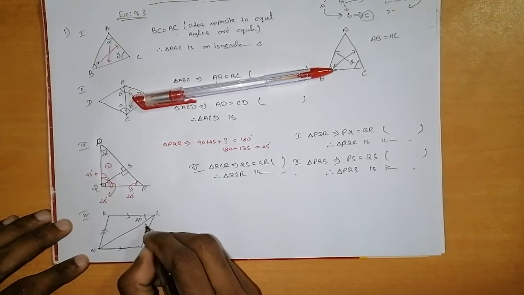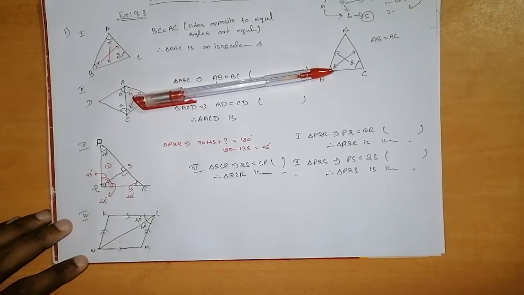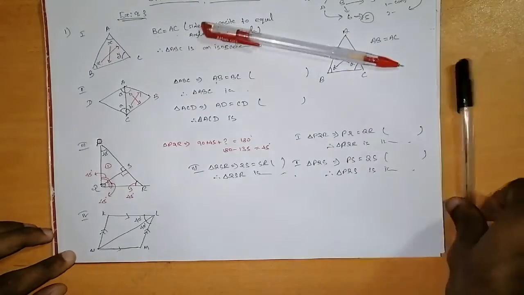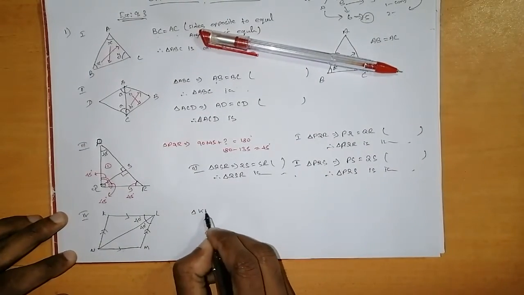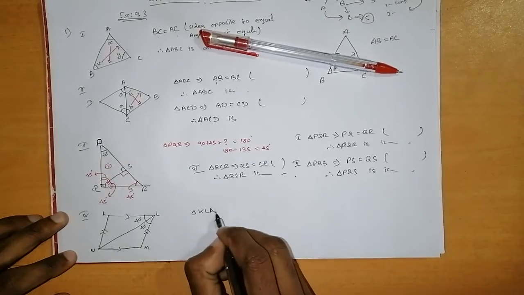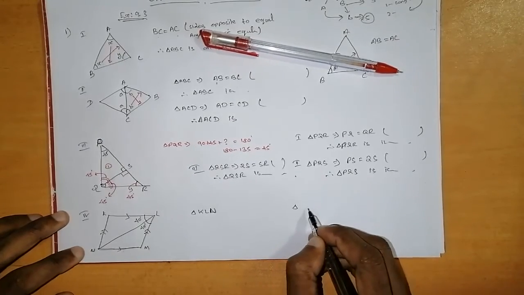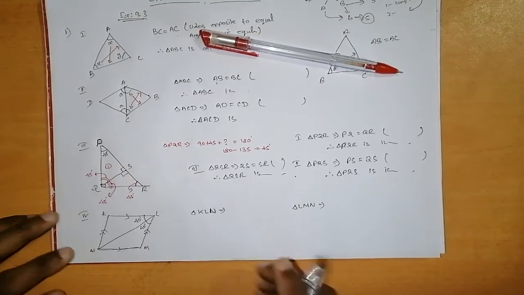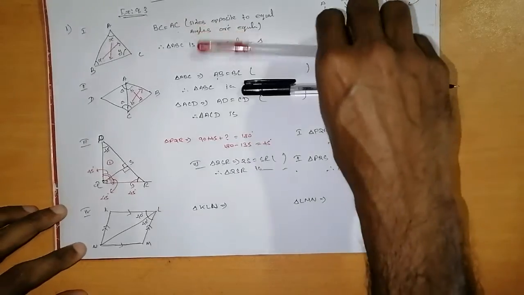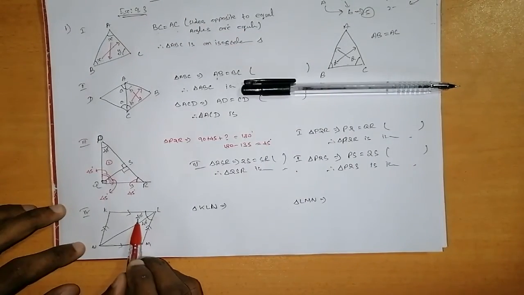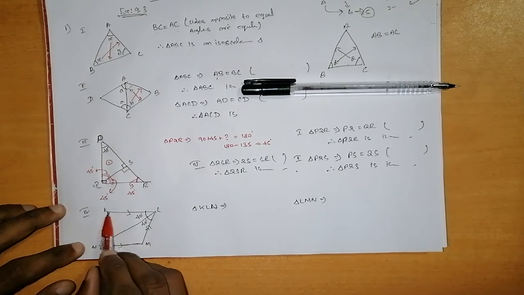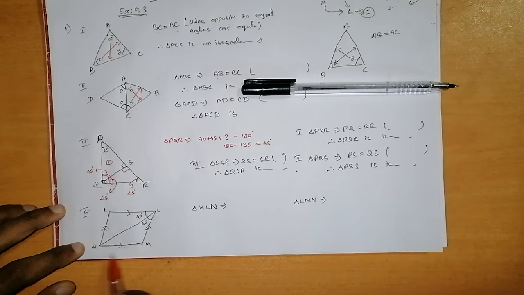Two angles of 40 are given. So we have two triangles here, namely triangle KLN and triangle LMN. We are going to check the angles. We have been given a 40 here. KL and MN are parallel lines, so LN is a transversal.